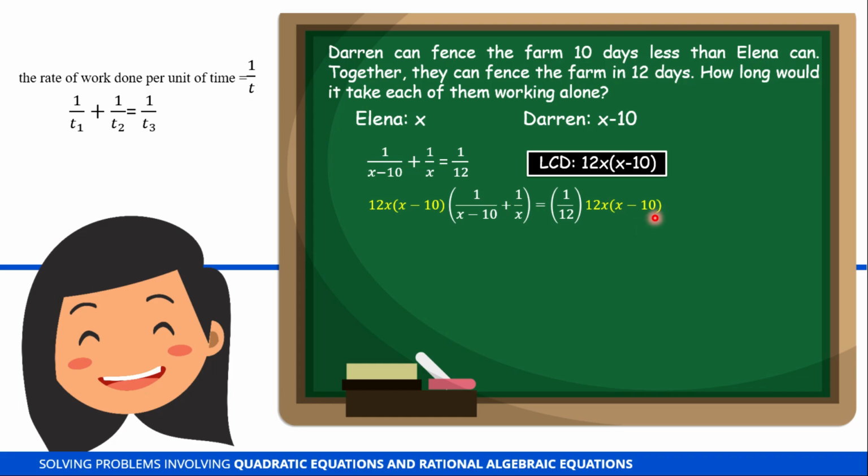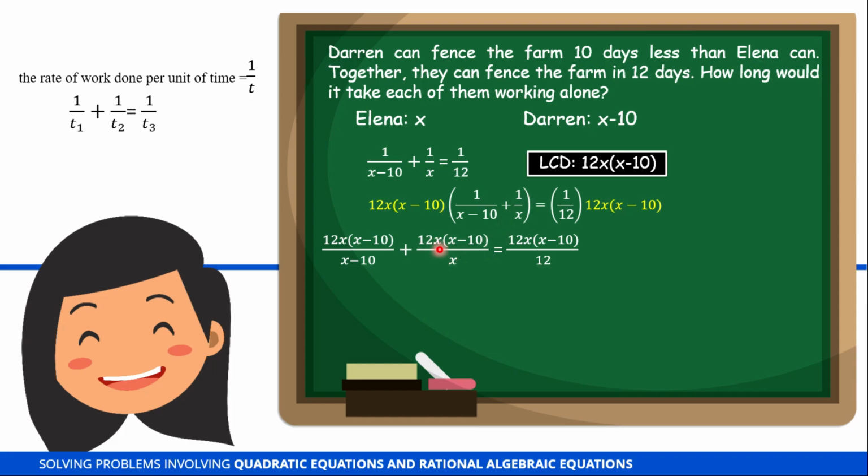Ayan, let's multiply both sides of the equation. And i-multiply natin yung LCD na yan sa bawat numerator. So, magkakaroon tayo ng 12x times the quantity x minus 10 times 1. So, ito yung unang term natin. And then, 12x times the quantity x minus 10 times 1 ulit dito sa pangalawang term.